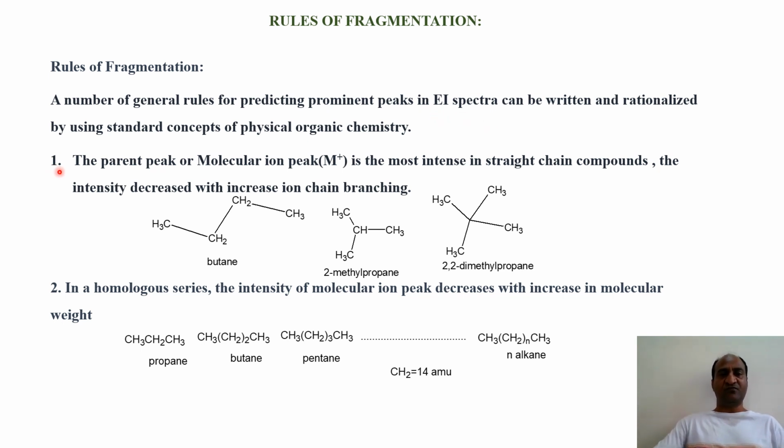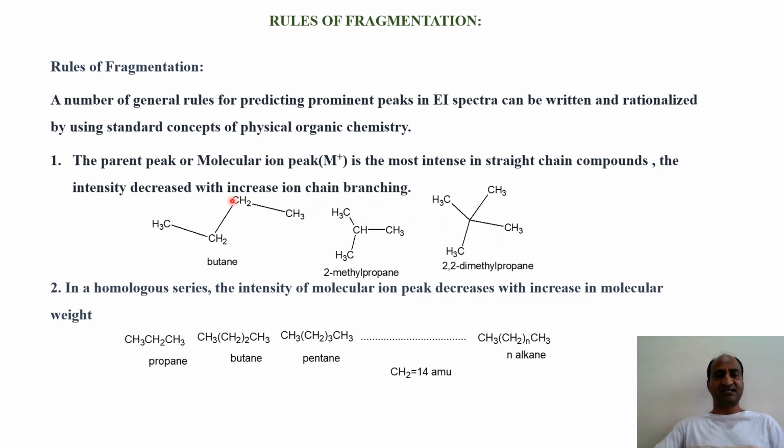The first rule of fragmentation states that whenever we have compounds, the straight chain compound has a higher intensity molecular ion peak as compared to the branched chain. That means the straight chain compound's peak intensity is more as compared to branching in the structure.